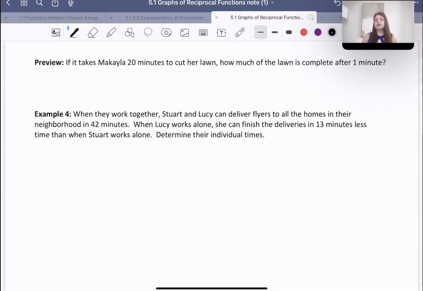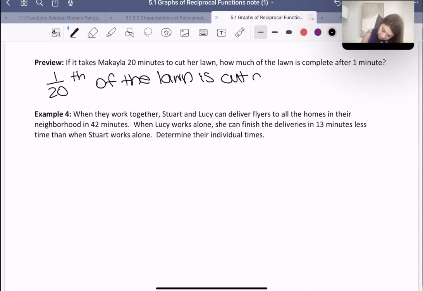Well, 20 minutes to complete a full lawn, so that means after 1 minute, she's 5% done, or 1/20th of the way done. So therefore, 1/20th of the lawn is cut after 1 minute.